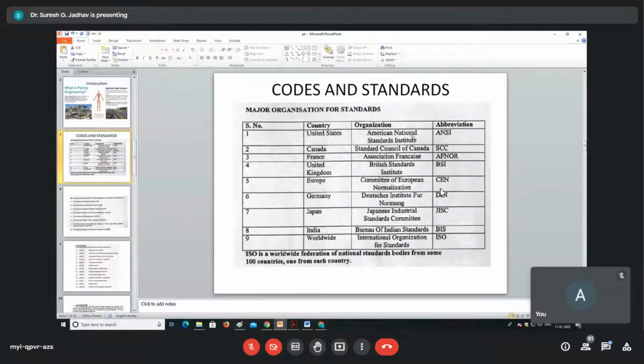Another is ASME, the American Society of Mechanical Engineers. Next is ISO standards. ISO is the International Organization for Standardization. It is used worldwide. And DIN standards, DIN, the German Institute for Standardization. It was developed in Germany.